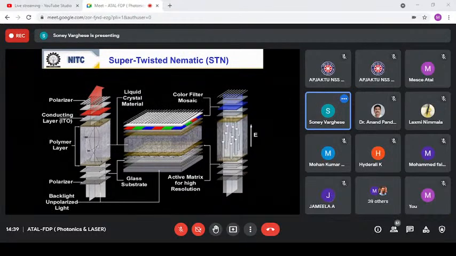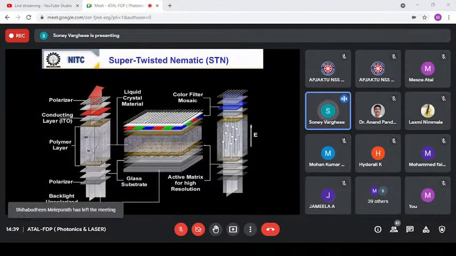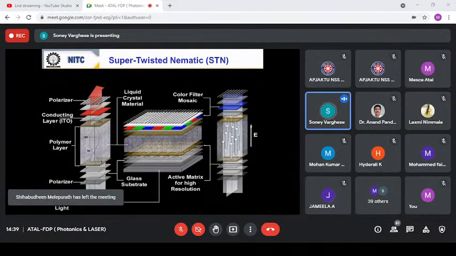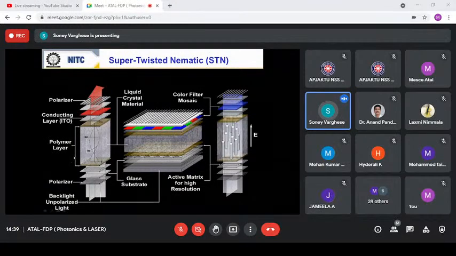Certain materials, if you add as a dopant, we call it a chiral dopant, can increase the twist sense, and by which you can increase the twist. Increasing the twist actually increases the switching speed. So there are some devices which use this STN, super twisted display, right?